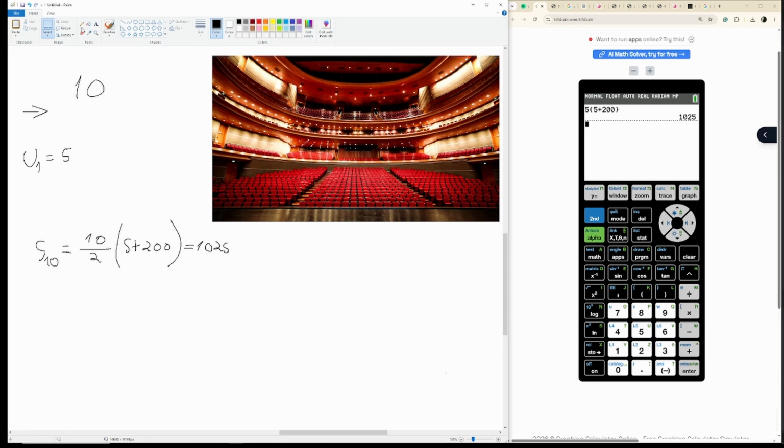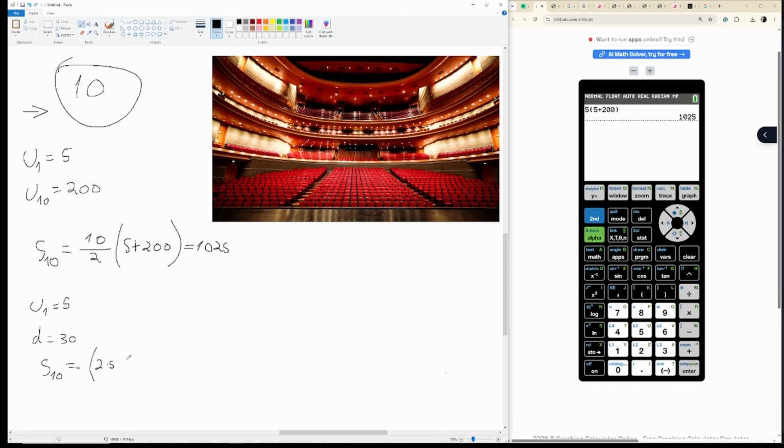However, let's say it's not given that in the 10th minute there's 200 people. Then we have to resort to the other formula. Let's say that we know that in the first minute 5 people came in, but each minute 30 more people came in. Then we can stick to the other formula that says that S10, because we're still searching for the 10 minutes, equals 2 times 5, because it's in the booklet.